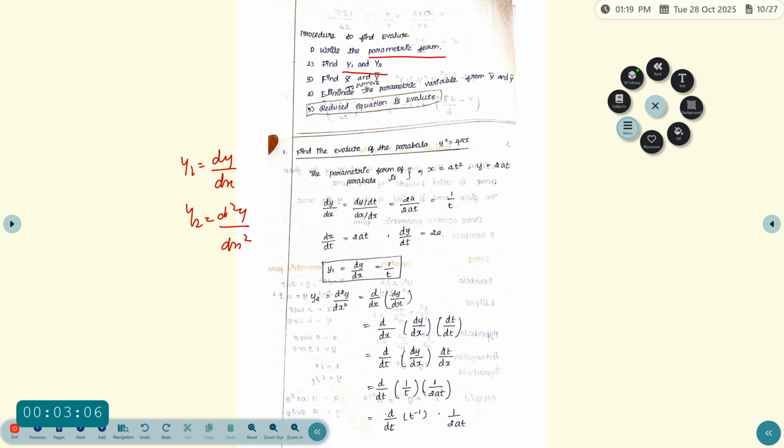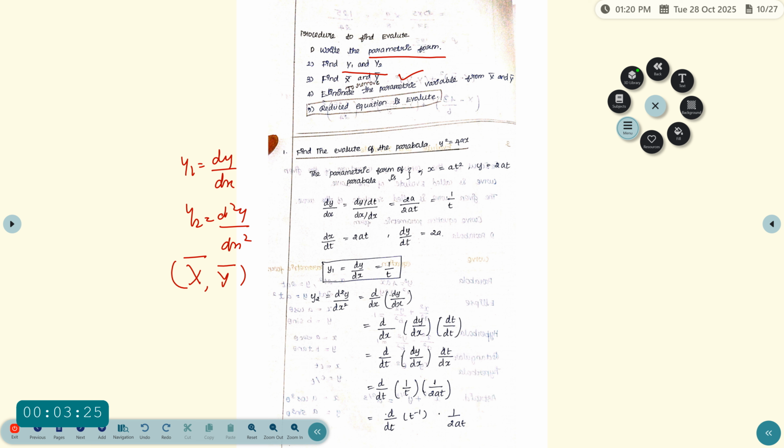The third step is to find x bar and y bar. In the previous session we had the formula for finding x bar and y bar. x bar and y bar represent the center of curvature. And finally, we have to eliminate the parametric variable from x bar and y bar.